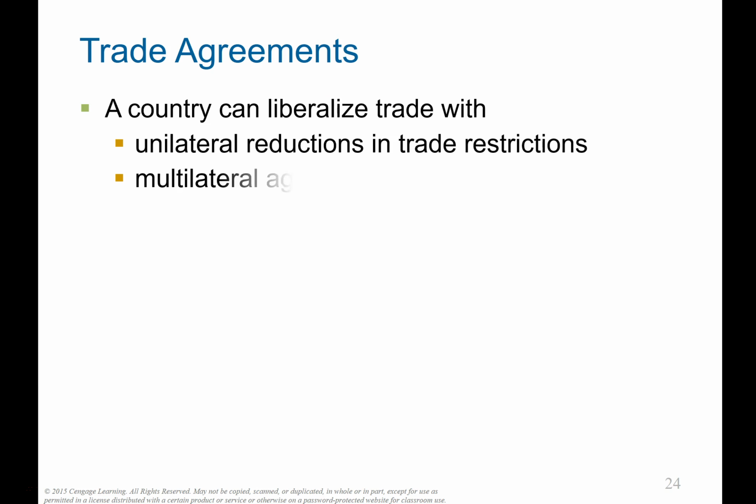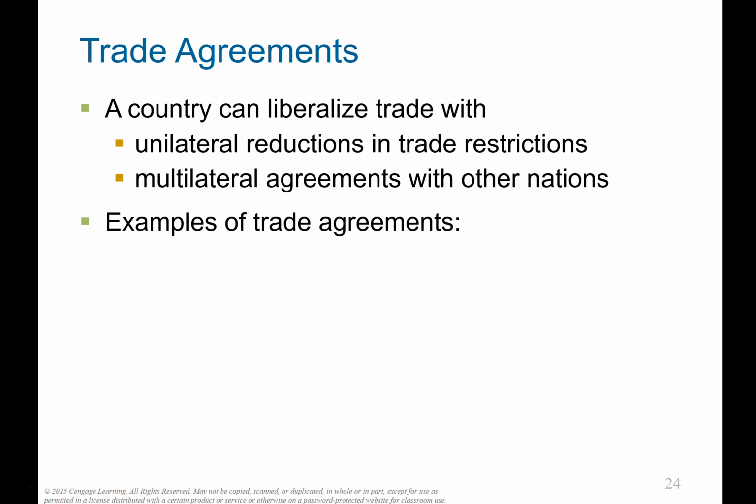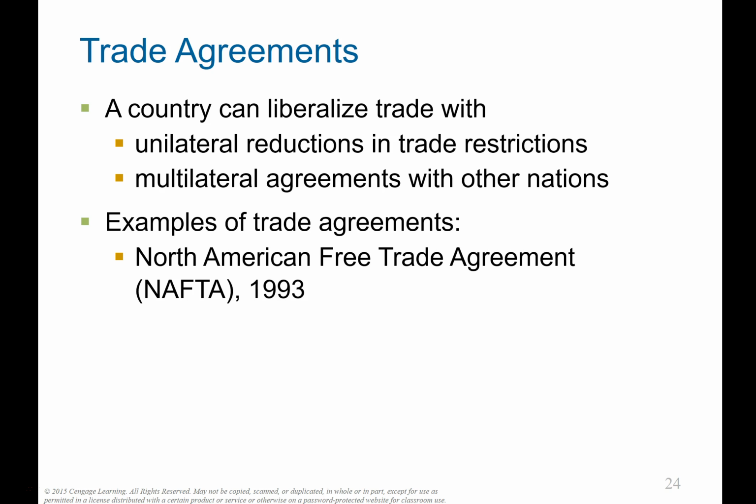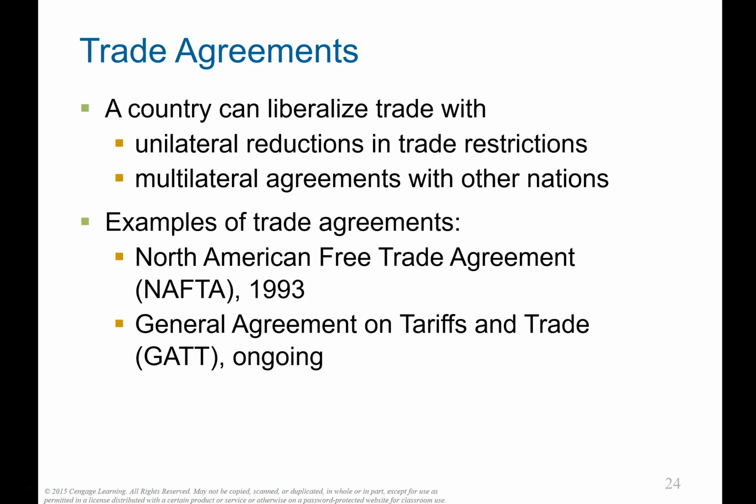So a few things can be accomplished with trade agreements. First, a country can liberalize or open up trade with either one-sided reductions in trade restrictions, or multilateral agreements with other nations. Some really well-known trade agreements are NAFTA, which was enacted in 1993, which opened up trade among the North American countries, Canada, United States, Mexico.